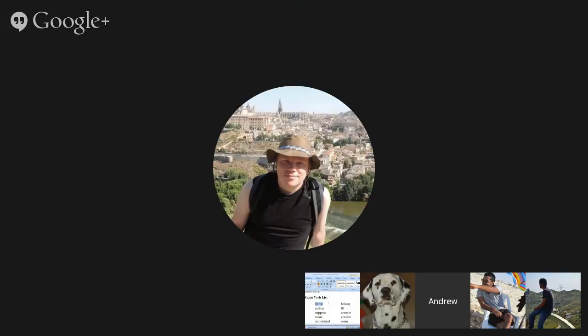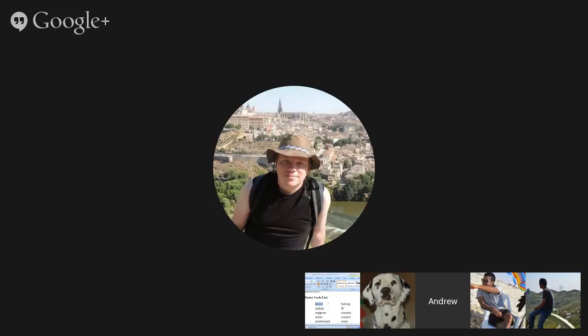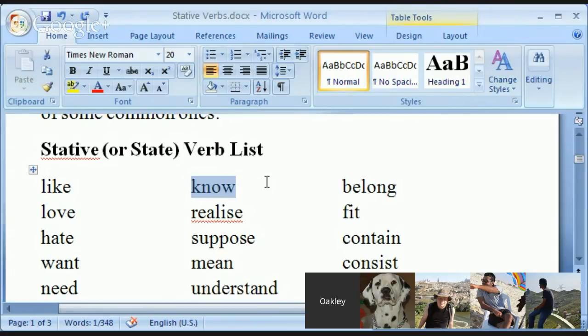Without knowing, I think it is not continuous. It is a gerund used after this preposition. Very good. Excellent, Andrew. Gold star for you for the day. Exactly. I'm not really using it as a verb. That's right.